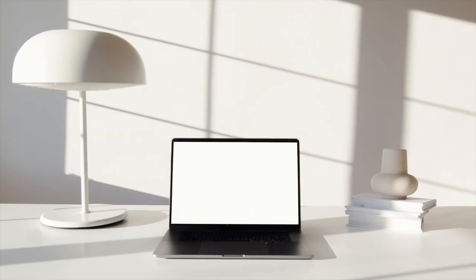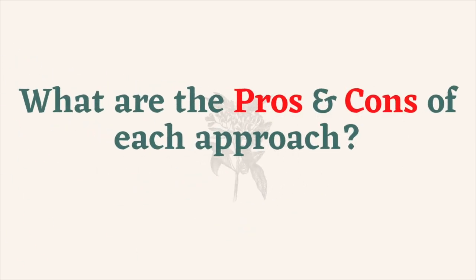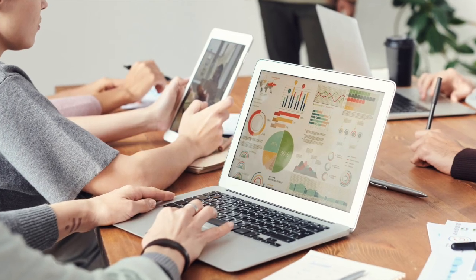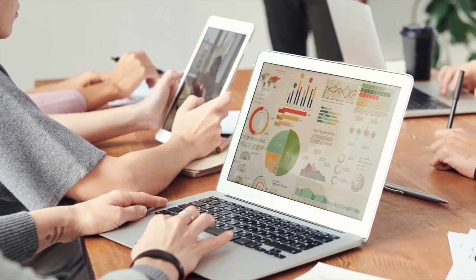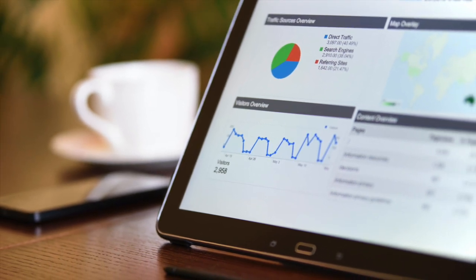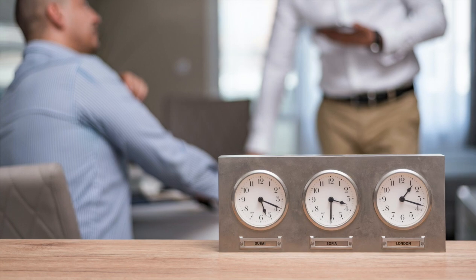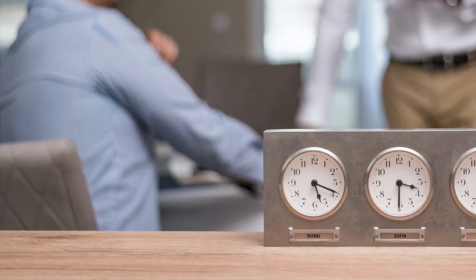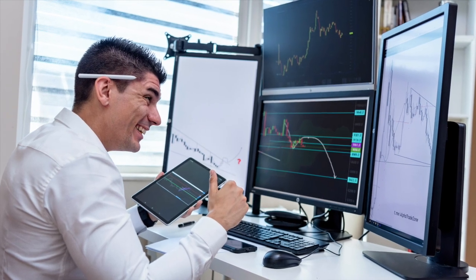What are the pros and cons of each approach? If you're a highly skilled analyst or trader, you can make a lot of money using active investing. Unfortunately, almost no one is this skilled. Sure, some professionals are, but it's tough to win year after year.